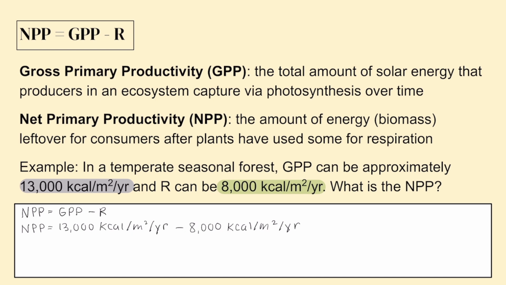What we're left with when you subtract those two numbers is 5,000 kcals per meter squared per year.